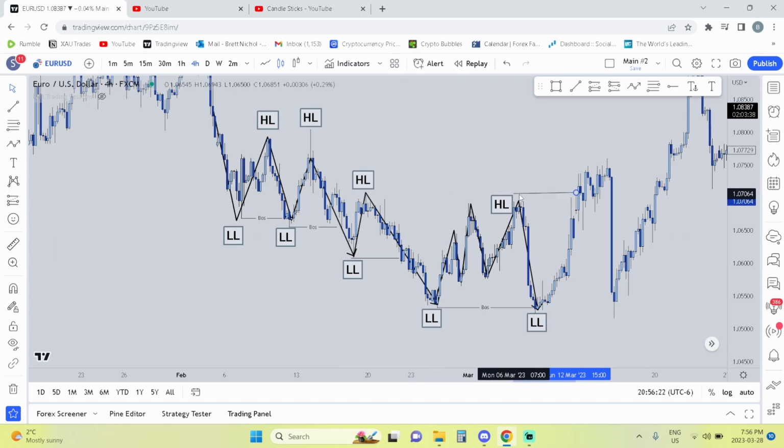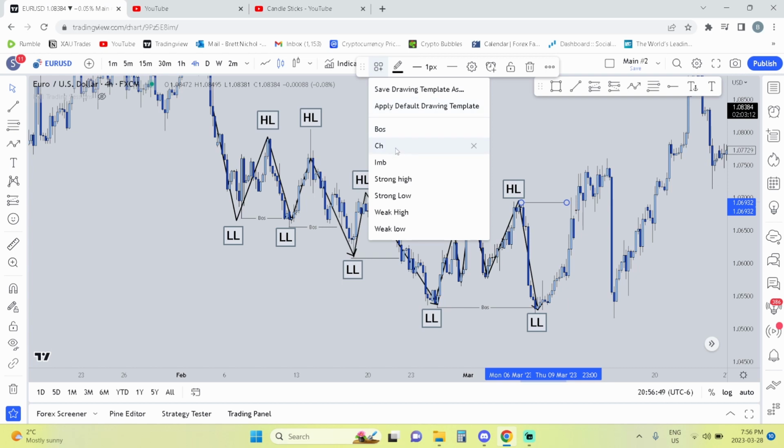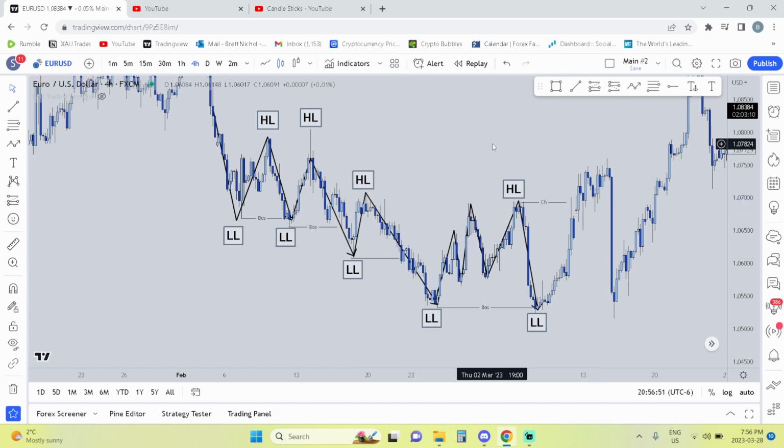If this breaks, we would switch to start looking for buys. So our previous lower low broke to the left, confirmed our higher low point in market structure, and then market broke this with this right here, creating what's called a change of character, or a CHoCH.